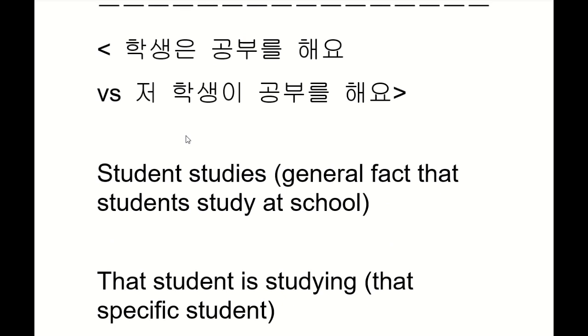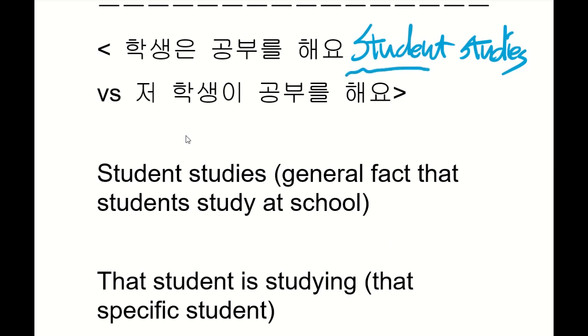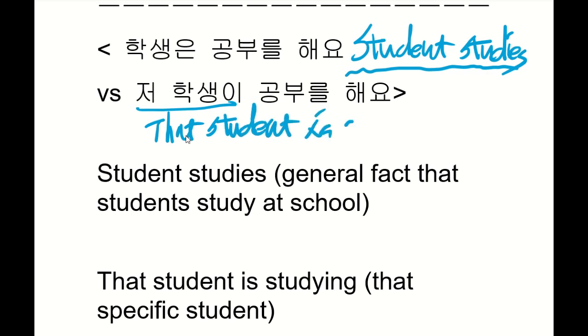학생은 공부를 해요. Student studies. General fact. Not every student studies, but they are expected to study, right? So that's their job. Student studies. And 저 학생이 공부를 해요. That student is studying.